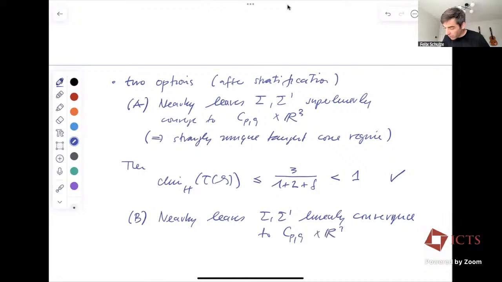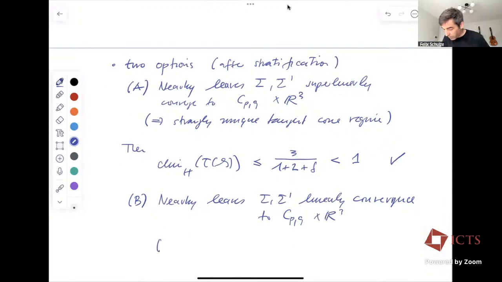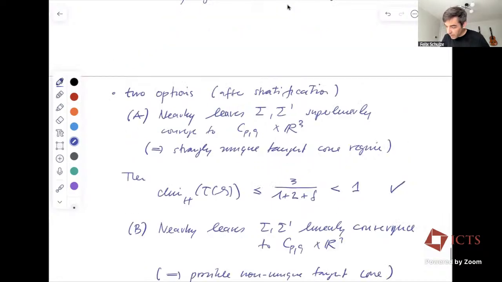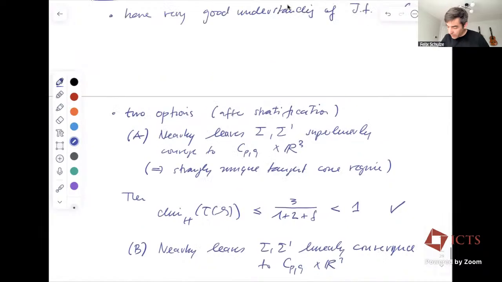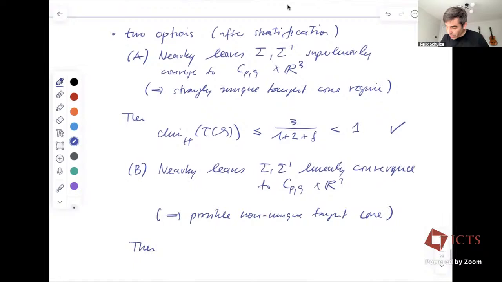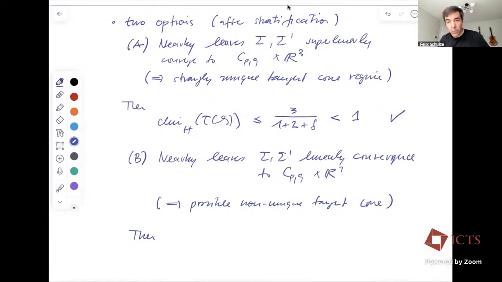So this would be the thing where you usually cannot expect when you have possibly non-unique tangent cones. Slow decay. But then the idea is you have now this cone CPQ plus this Jacobi field, which you analyze.